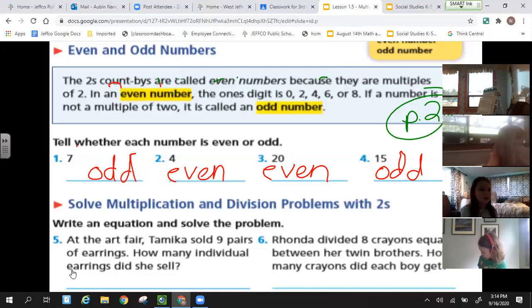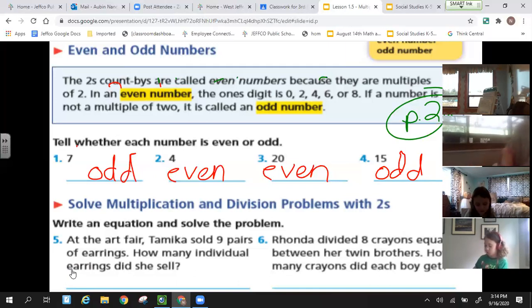So you have 8 and 7. You don't have 2 equal groups. Think back to 2nd grade when you learned your doubles facts, right? 8 plus 8 equals 16, not 15. 7 plus 7 equals 14, not 15. Right? So it's odd.